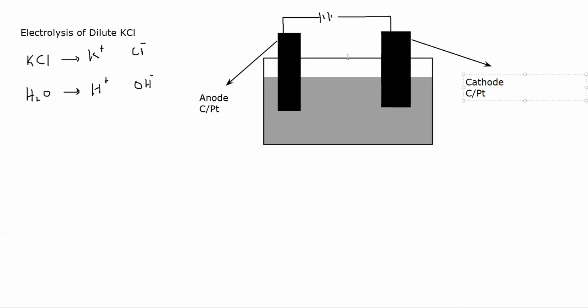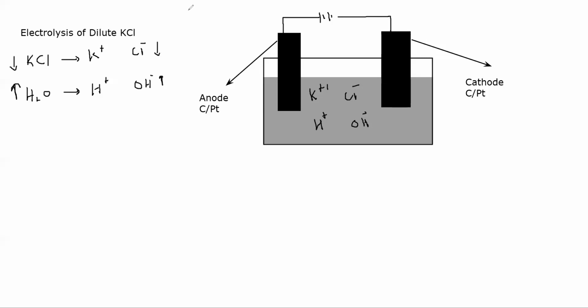What are the ions present? The ions present, it contains potassium ion, chloride ion, hydrogen ion, and hydroxide ion. Because it is dilute, the term dilute means it contains more water and less salt. So more hydroxide ion is there and less Cl ion.